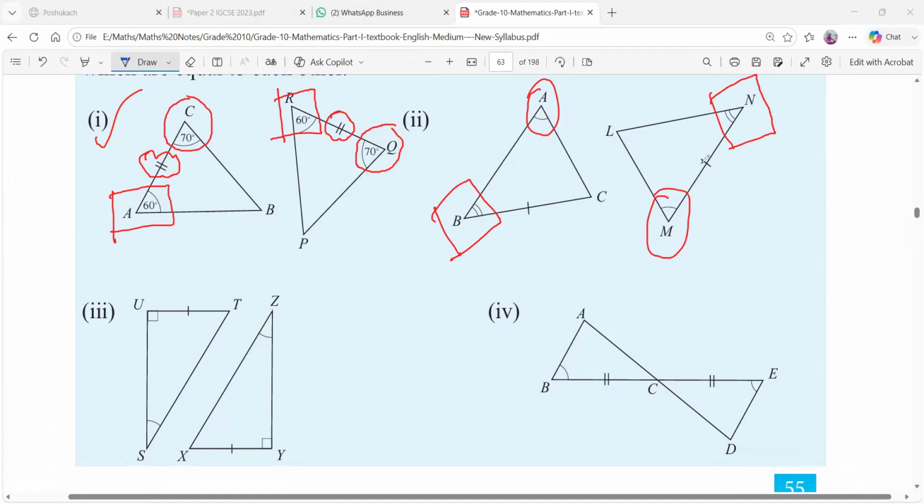But here the side is mentioned in front of A and near to B. So this one also should be in front of M and near to N. If the side is mentioned here, it is congruent. Otherwise, if you place the side here, it is not congruent. Second one, not congruent.